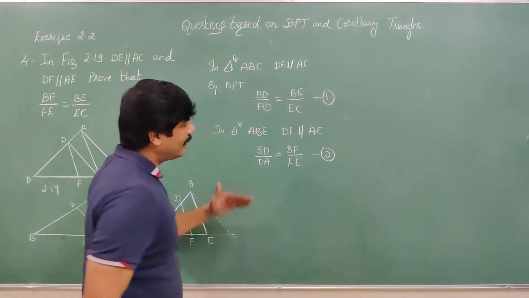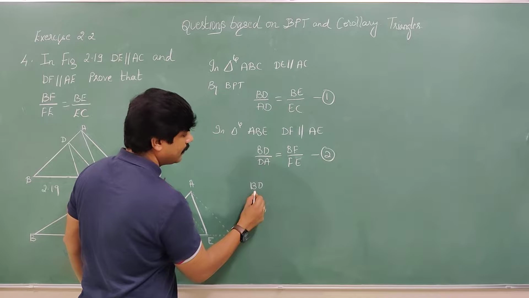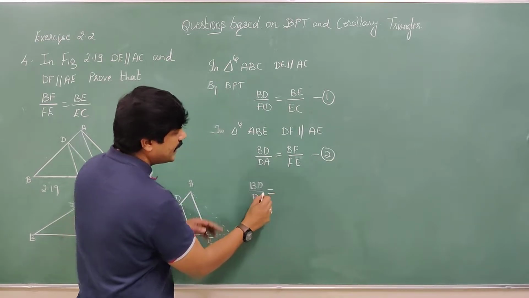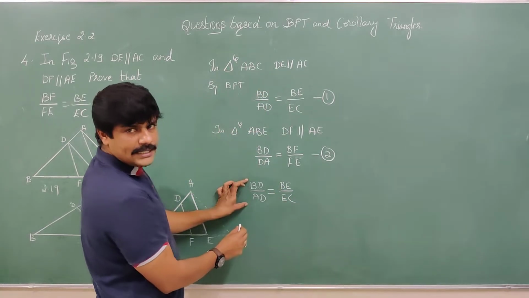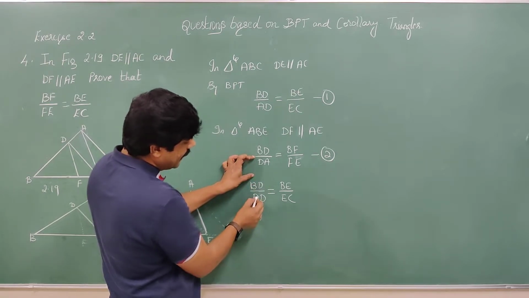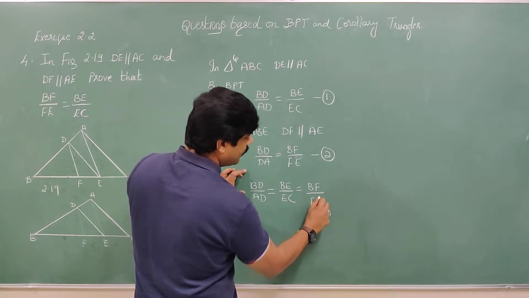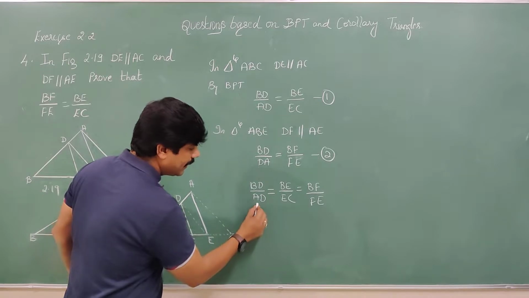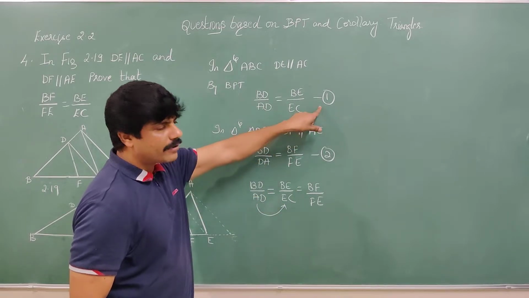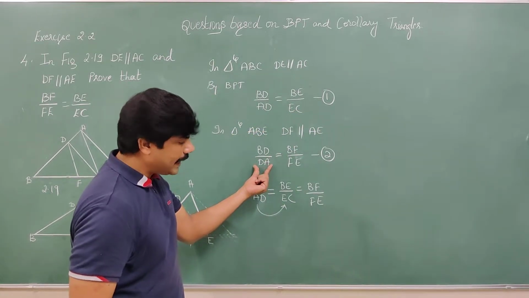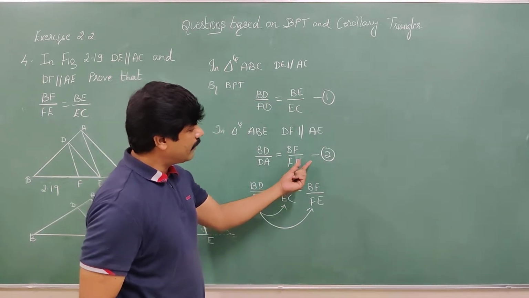Now observe 1 and 2. It is very clear that BD by AD is equal to BE by EC from 1, and BD by AD is also equal to BF by FE from 2.